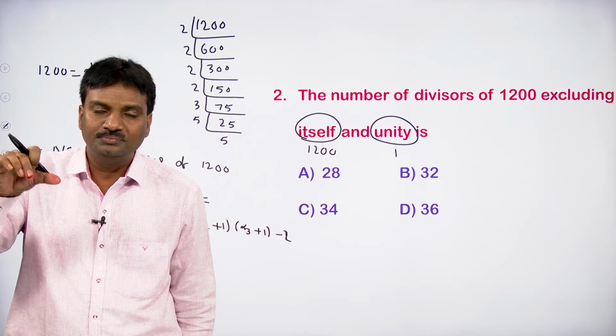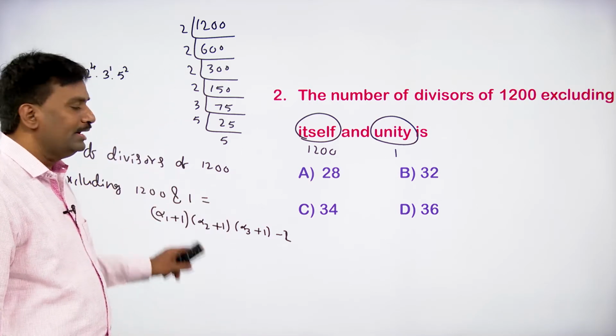That's why we have to subtract 2 from the total number of divisors.